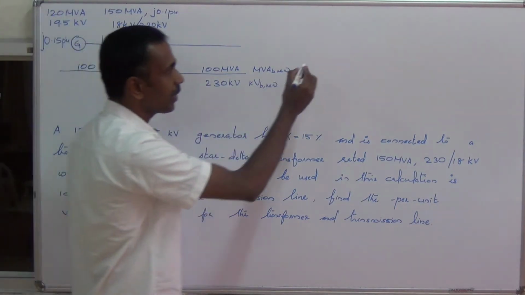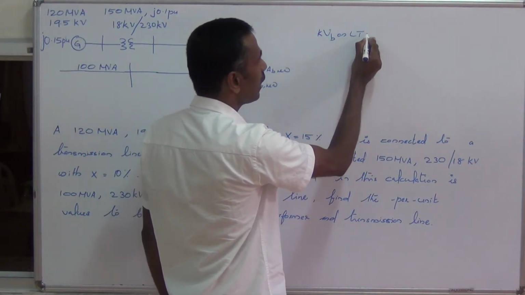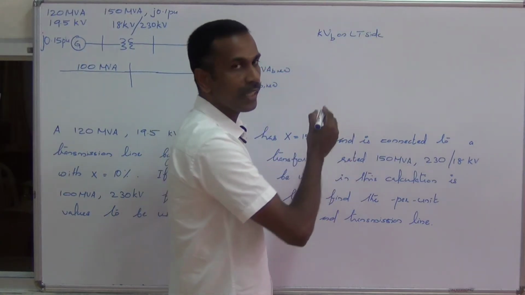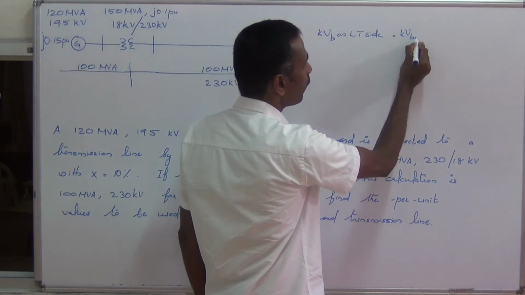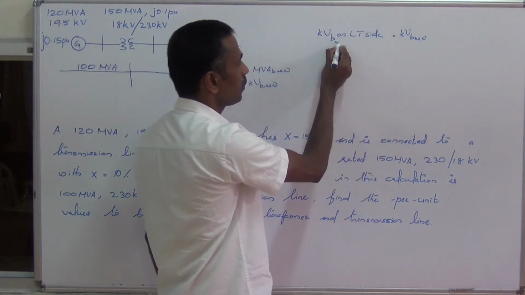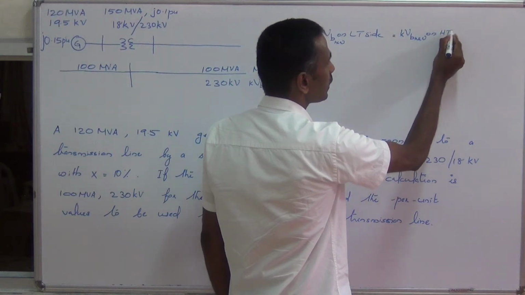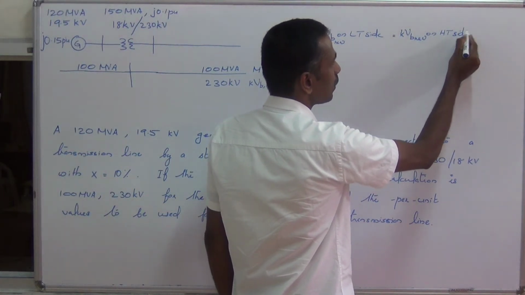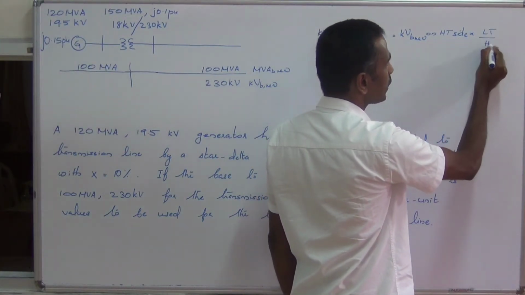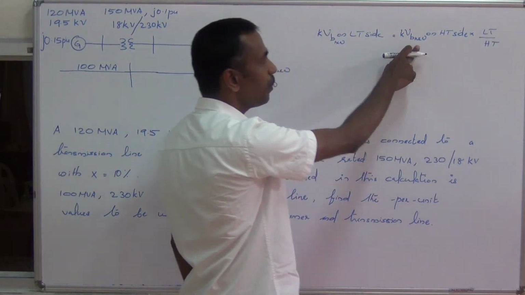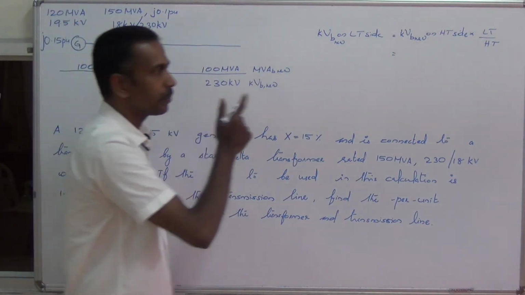This is how we find out the kVb on the LT side, the low tension side of the transformer. It is equal to the kVb new on the HT side into the transformer ratio, LT divided by HT. The kVb new on the high tension side is 230 kilovolt.